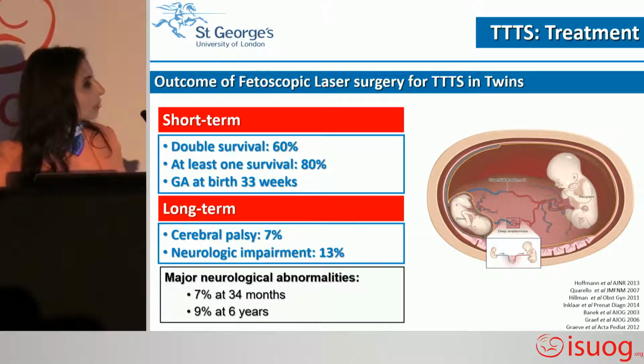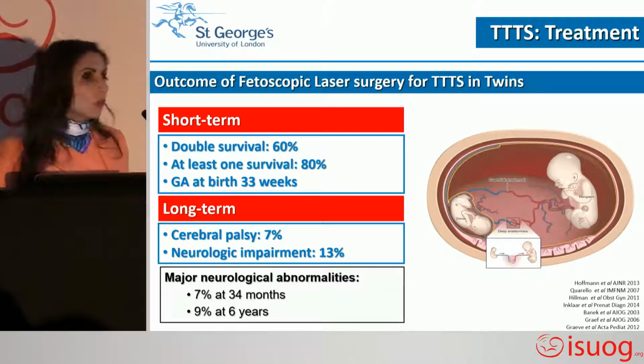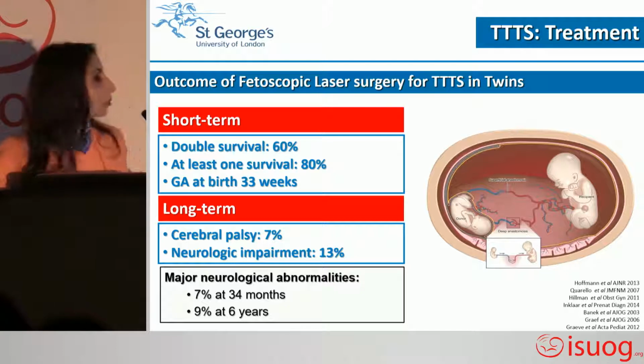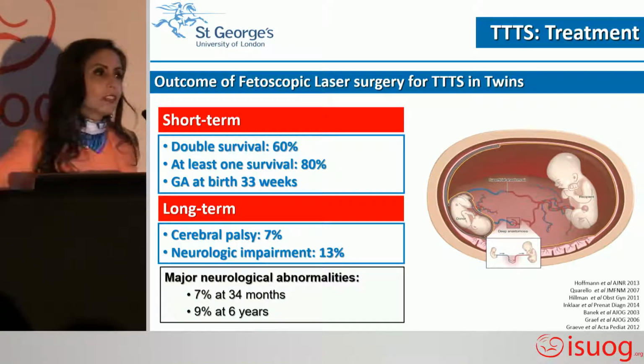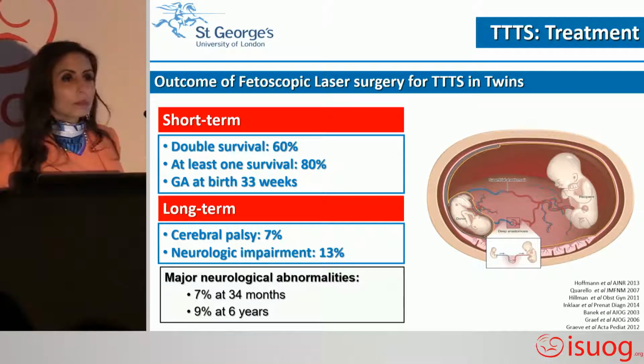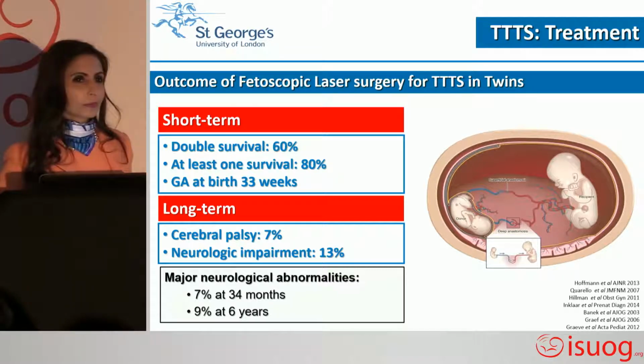They found the incidence of major neurological abnormalities was 7% at 34 months and 9% at the age of 6 years. What's interesting is that some of the ones that had problems at 34 months got better later, and some of the ones that did not have problems actually got worse.